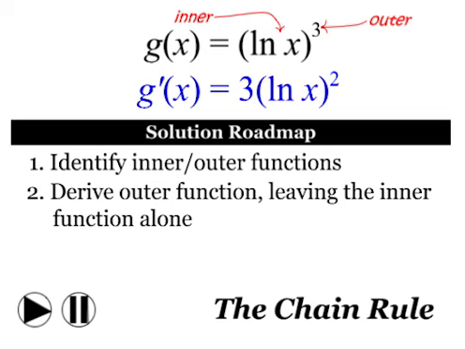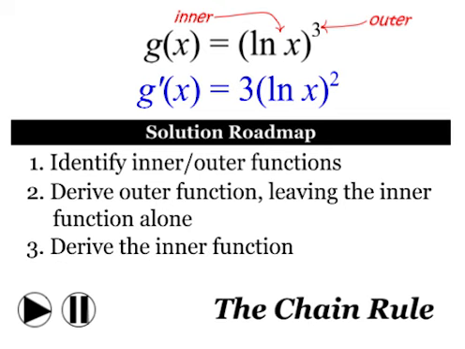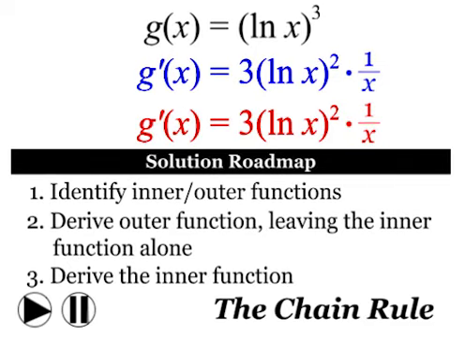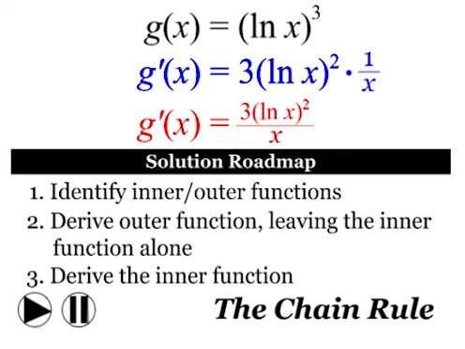Until now. Now that we're finished deriving the outside function, we move on to the inside function. And the derivative of natural log of x is 1 over x. So we multiply that new derivative by the derivative we got a second ago, and our final answer is going to be 3 times natural log of x, the quantity squared, all divided by x. And that's our derivative according to the chain rule.